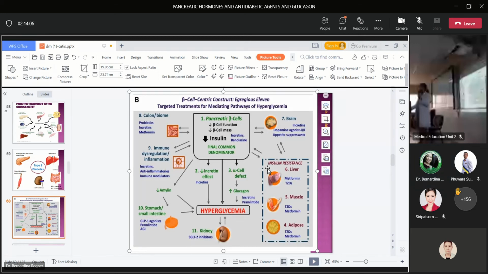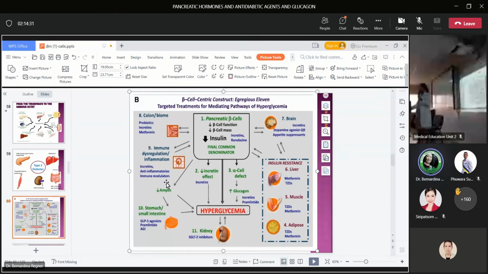So try to know these groups. And then colon in the biome, you have probiotics, incretins, and metformin. In immune dysregulation or inflammation, you have incretins, anti-inflammatories, and immune modulators.